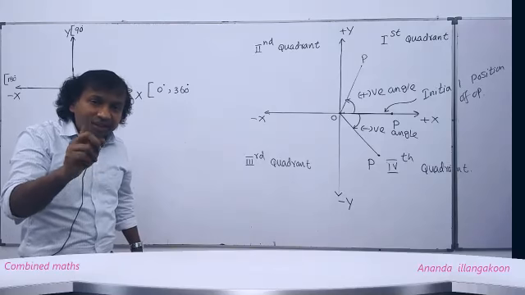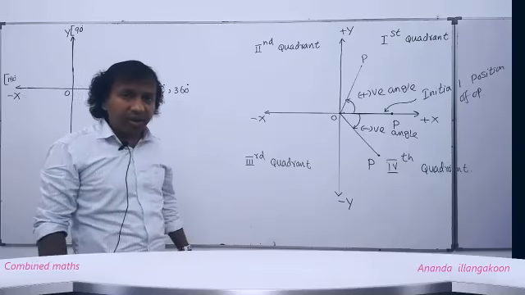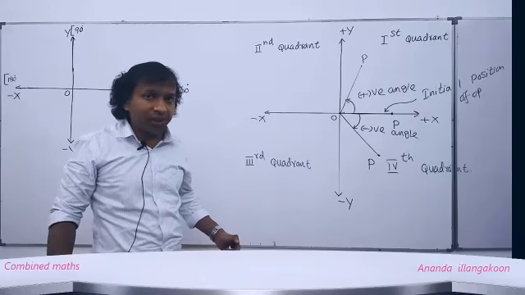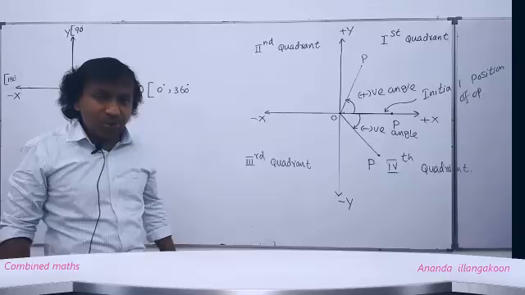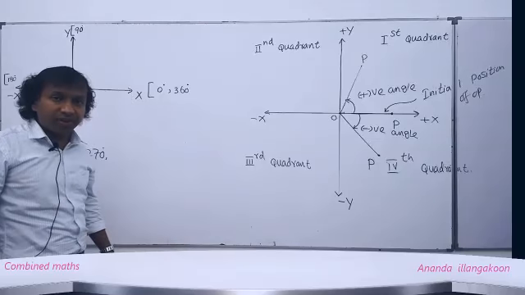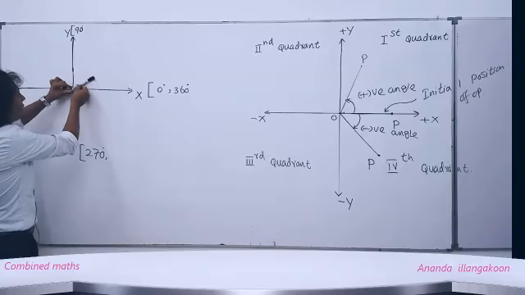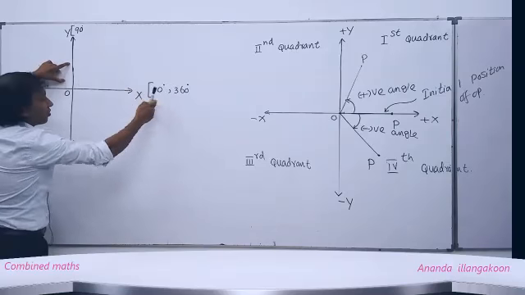The angle starts from 360. So in the second round, when this OP comes to the positive y-axis, another 90 adds to this 360.